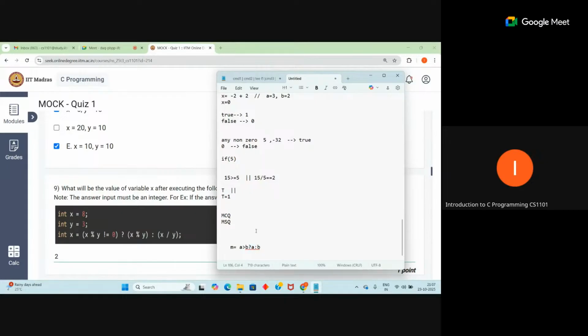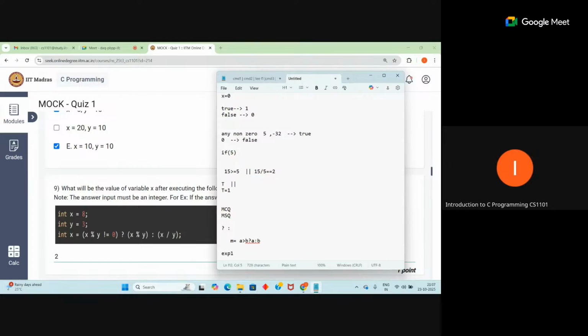Question mark and colon is called a ternary operator, which means it requires 3 operands to execute. This is the first operand, this is the second operand, and this is the third operand.